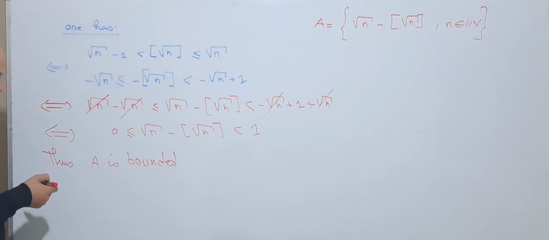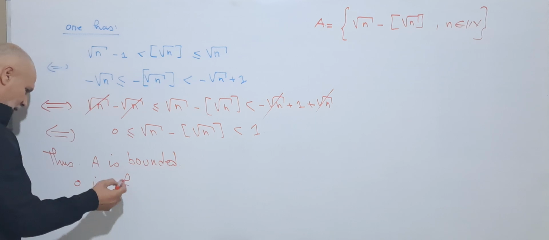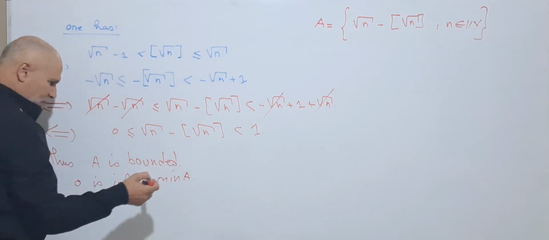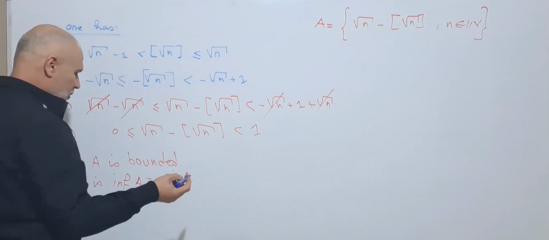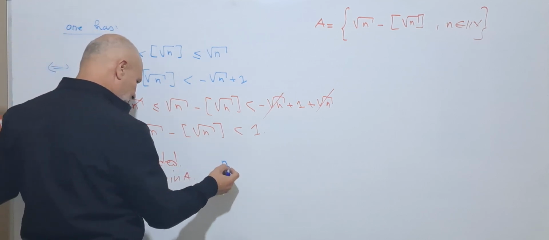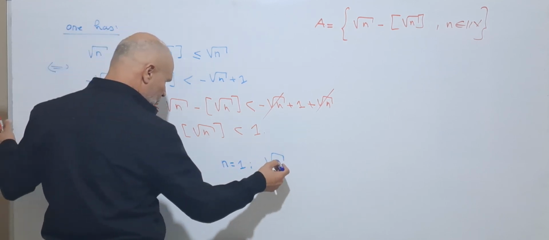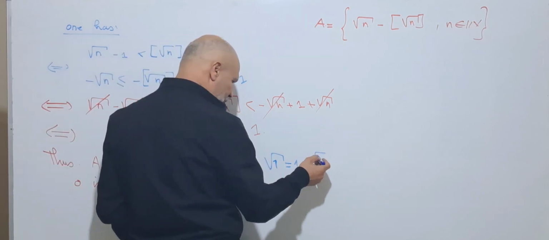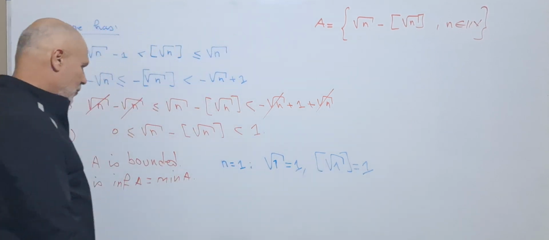0 is the infimum of A because 0 is equal to the minimum of A. Why? Because, for example, for n equal 1, we have the square root of 1 equal 1, and the integer part of the square root of 1 is equal to 1. 1 minus 1 equals 0.